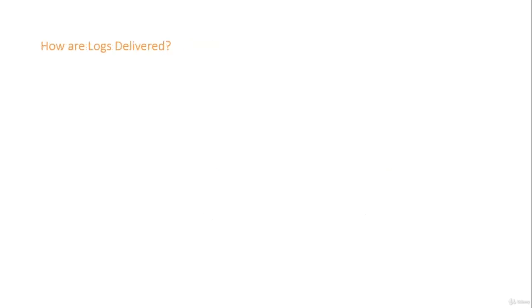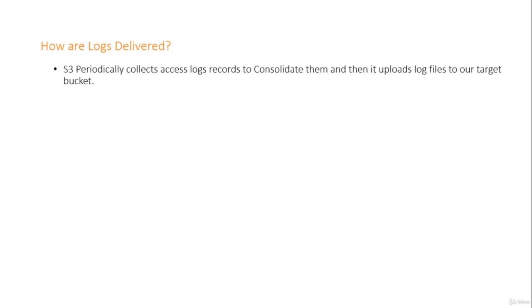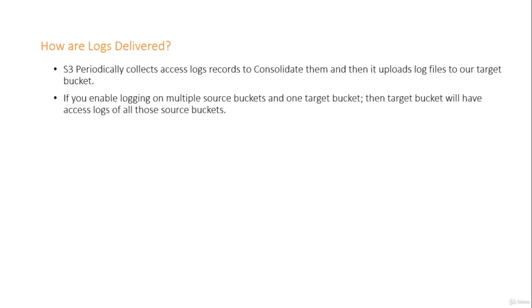How are logs delivered? S3 periodically collects access log records to consolidate them, and then it uploads log files in batches to our target bucket. If you enable logging on multiple source buckets and one target bucket, then the target bucket will have access logs of all those source buckets, but each log object reports access log records for a specific source bucket.